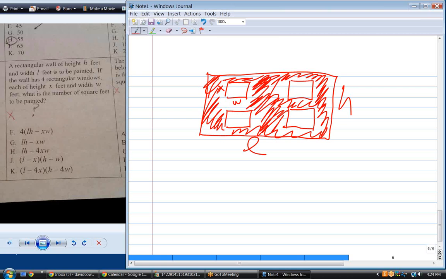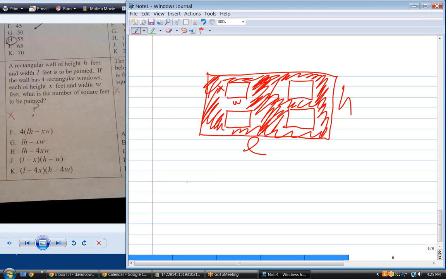In other words, we could go to a great deal of lengths to solve this whole thing by figuring out this distance here and what that area is, all 8 of these areas, but by far the easiest way to solve this problem is to take the what? The area of the outside rectangle and subtract the areas of the 4 inside. What's the area of the wall without the windows? Length times width, which is?